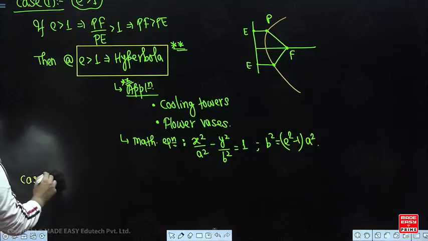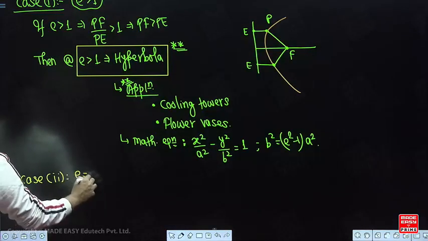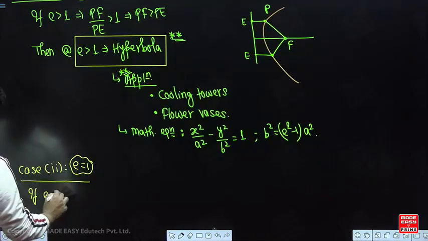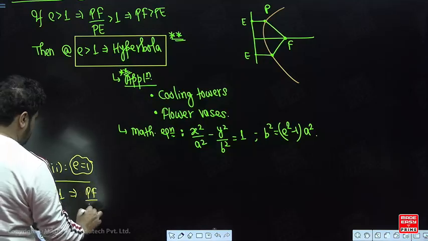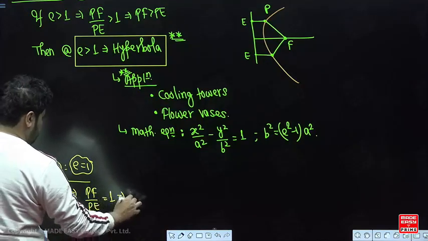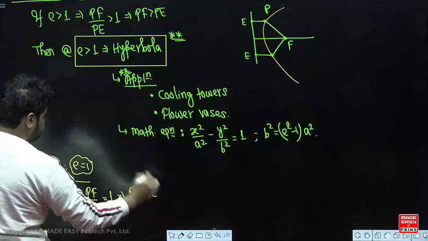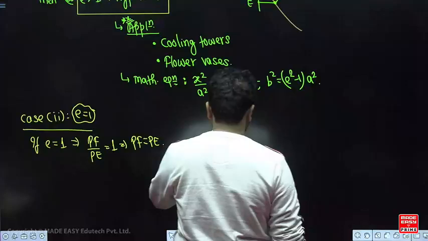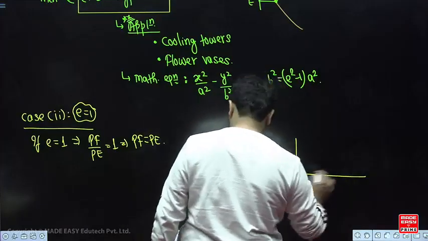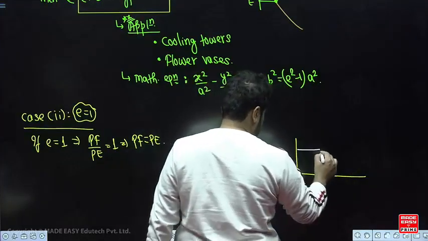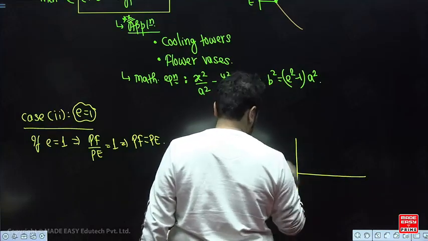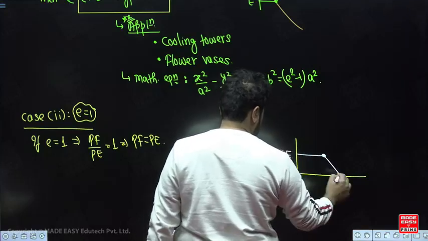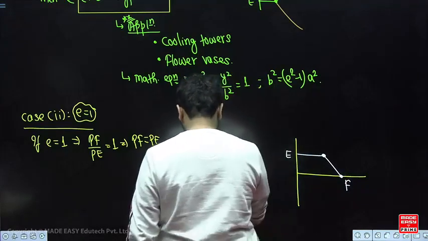Case number 2, E is equal to 1, correct? So if E is equal to 1, it means PF upon PE is equal to 1. So that means PF is equal to PE, correct? So PF is equal to PE means what? These two distances are same. This is E, this is focus, correct?